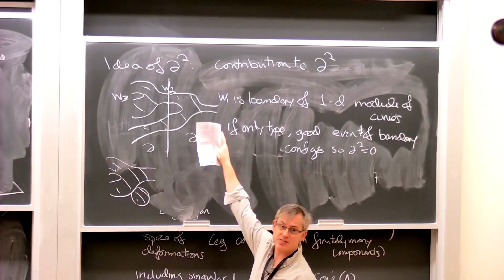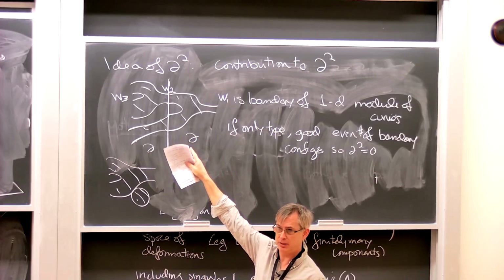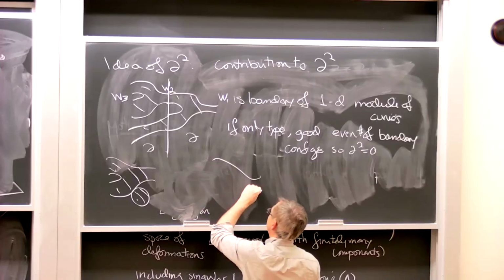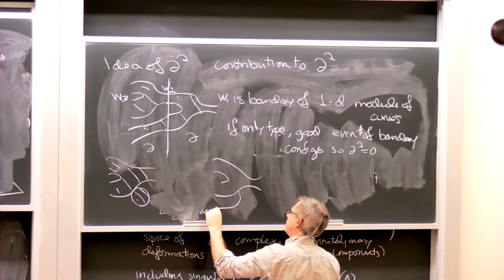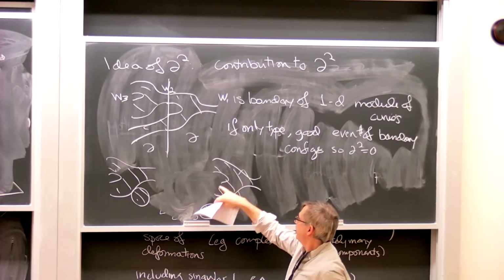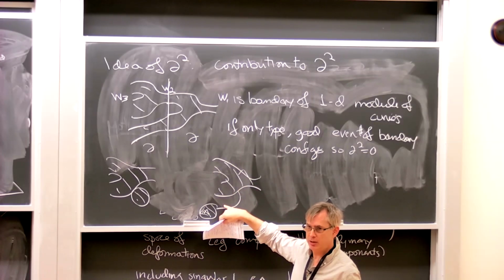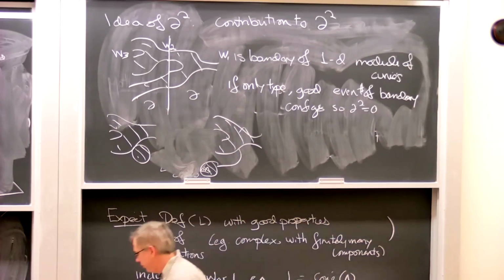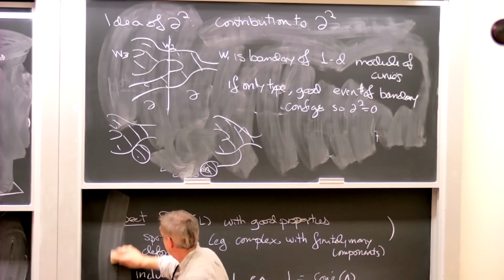And this is going to mess up the d squared equals 0 relation because it's another codimension 1 boundary. But what's going to happen here is that I can have configurations which are connected by gradient trajectories. Okay, but let me come back to your other question. Let me just write down an example.